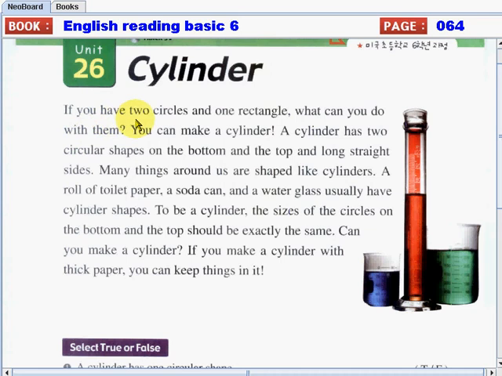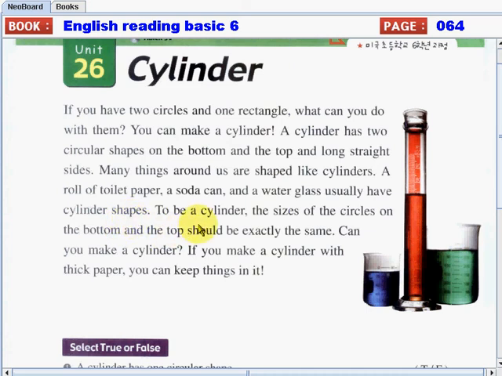If you have two circles and one rectangle, what can you do with them? You can make a cylinder. A cylinder has two circular shapes on the bottom and the top and long straight sides. Many things around us are shaped like cylinders. A roll of toilet paper, a soda can, and a water glass usually have cylinder shapes.